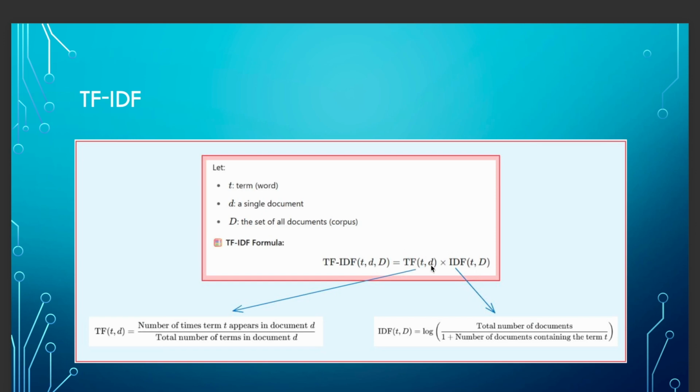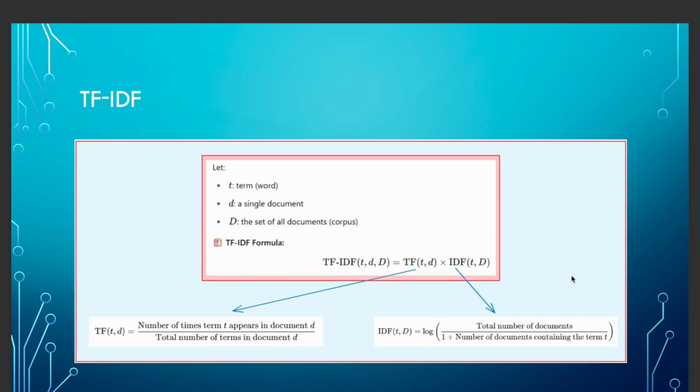The formula for term frequency is the number of times term t appears in document d divided by the total number of terms in document d. The IDF is the total number of documents divided by 1 plus the number of documents containing the term t, and we take the log of this.